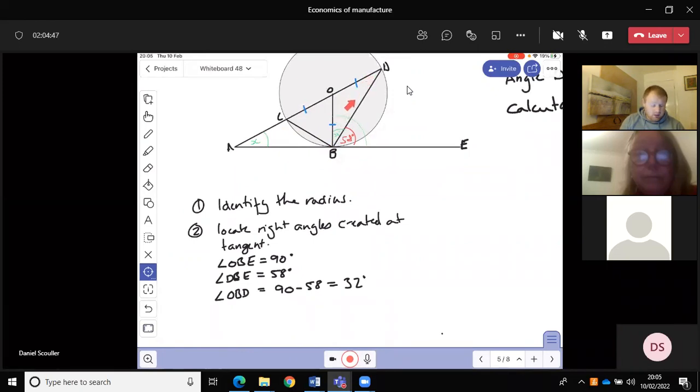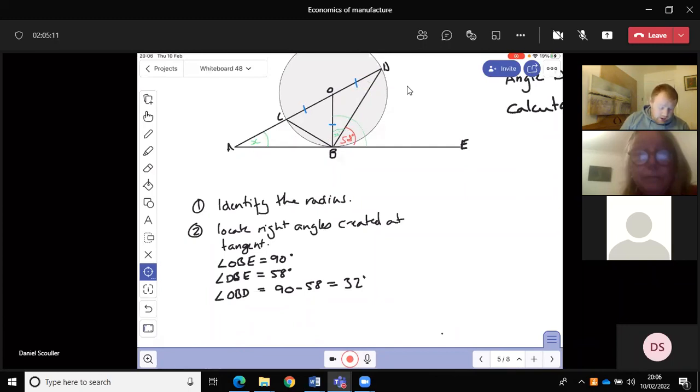But at this stage, it's not really giving me anything. Okay, so BDO would be 32 degrees. But it's not really helping me towards my cause. Write it on, it doesn't take much time to write it. Just for your awareness, but it doesn't actually help.